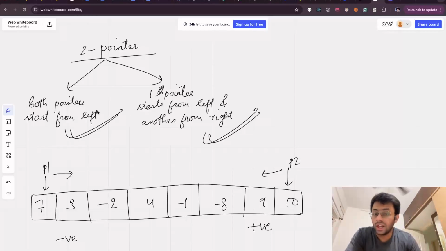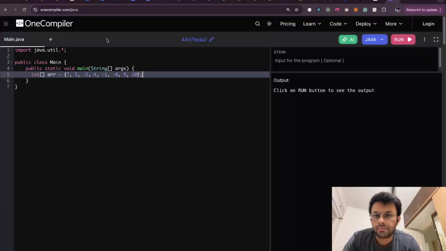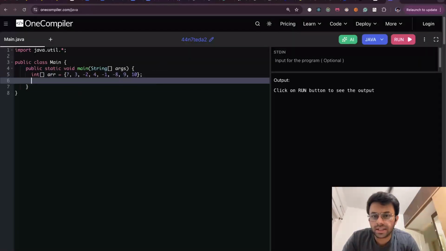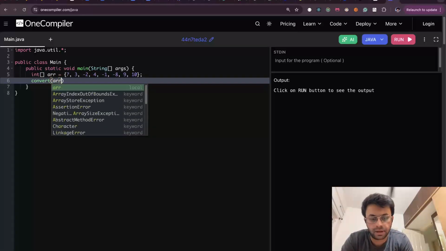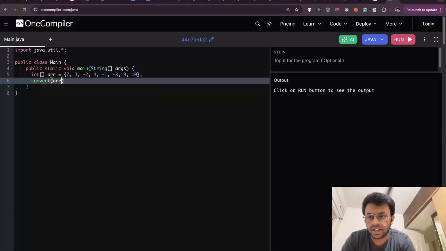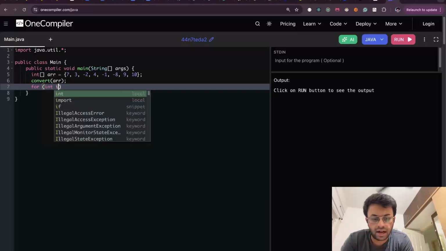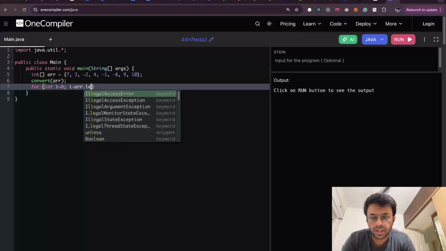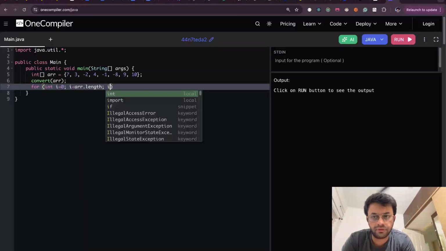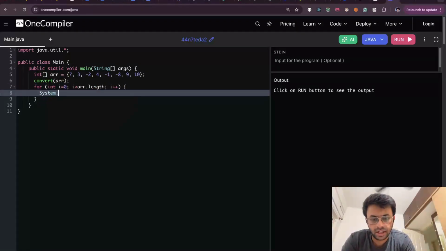So let's start. Let me bring up my code editor. Here, suppose I have a convert function. I'll pass the array, and after I have passed it to the function, I'll print this array.